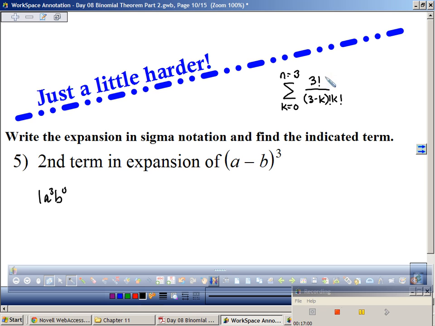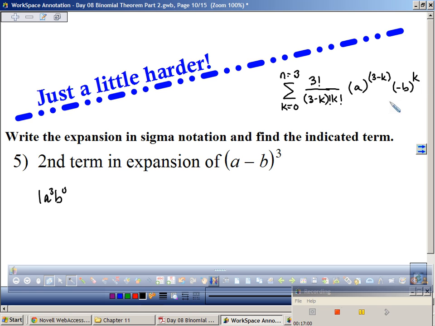So 3 factorial over, in this case, it would be 3 minus 0, right? And k is 0. All right, moving on. Then we always know that whatever this term is will be to whatever this is right here, right? So that's going to be 3 minus k. And whatever this one is, which is our b, in this case it's negative b, correct? Negative b to the k.